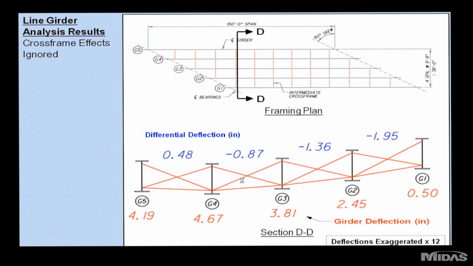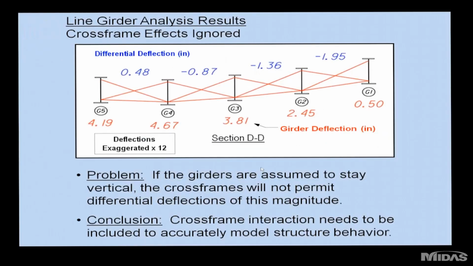The important point about that irregular shape is that by ignoring the cross frames, we get a deflected shape that can't really happen. The cross frames connecting these girders are very stiff, and they torsionally restrain the girders so that this shape isn't really possible. The conclusion we can draw from this is that we need to consider those cross frames in the analysis.